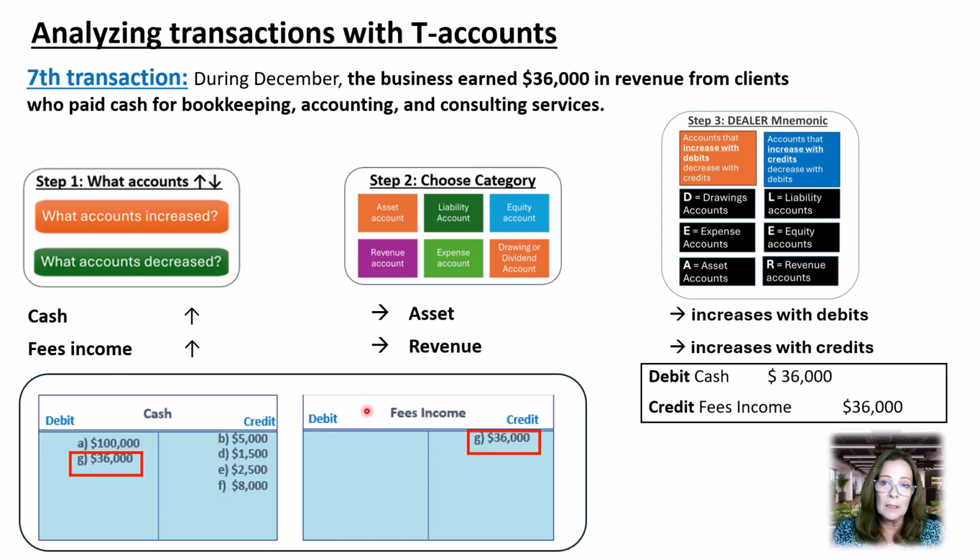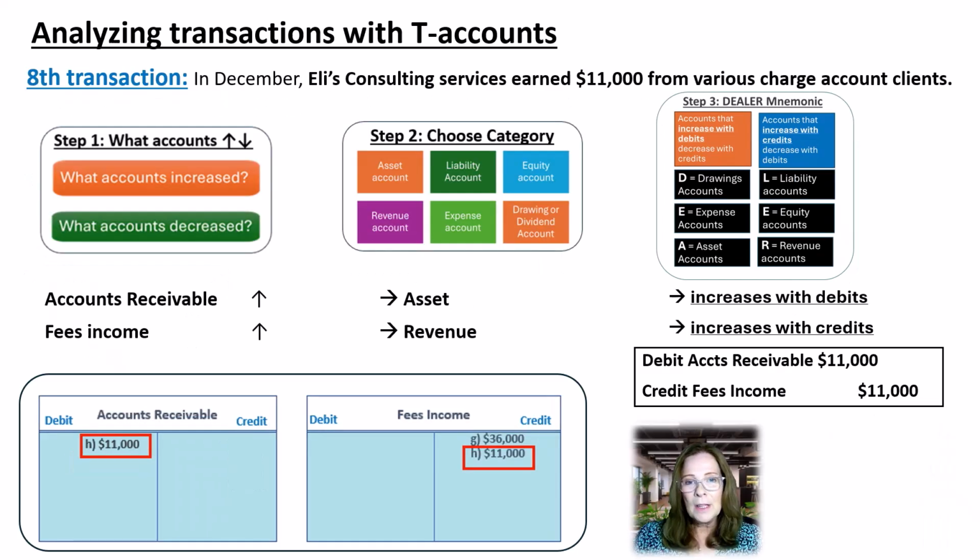We create a T account for fees income and write the transaction letter G and the amount of $36,000 into the credit column of the fees income T account. That completes the analysis of our 7th business transaction with the help of T accounts, but let's practice some more.